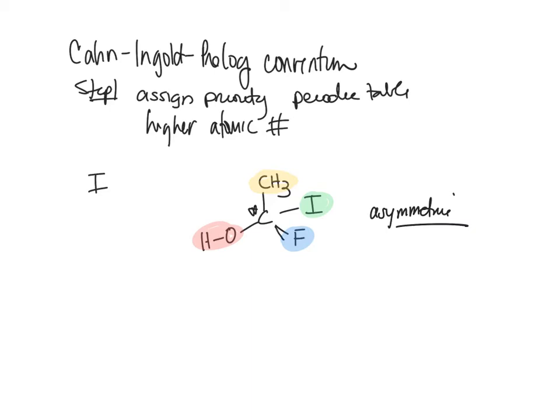Now I'm going to make this a wedge and this a dash. Is this R or S? Okay. So what would the name of this compound be? This is an alcohol, and it has 2 carbons.